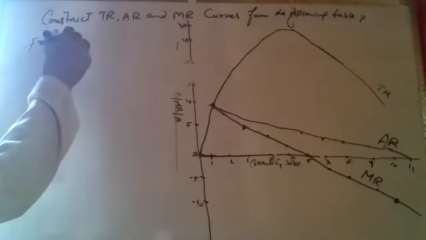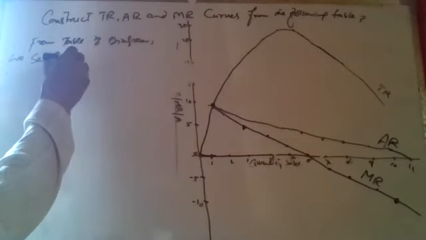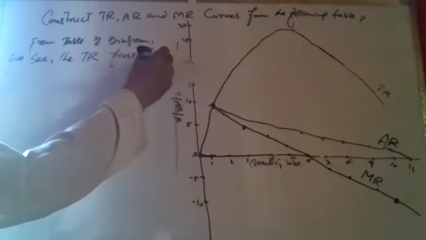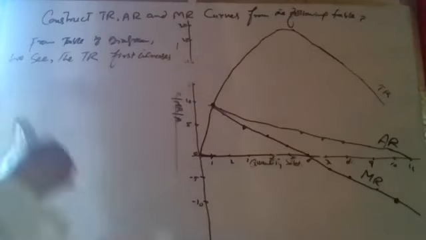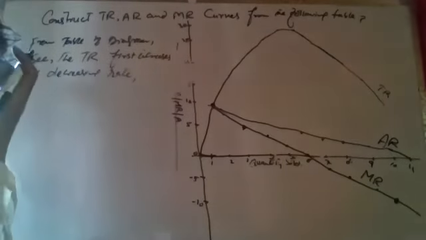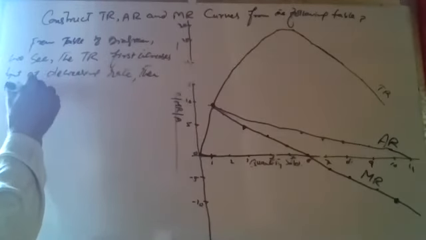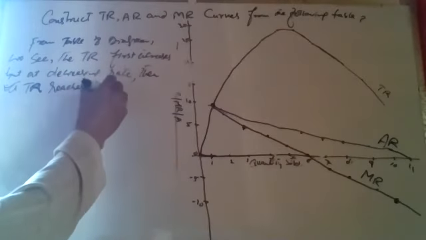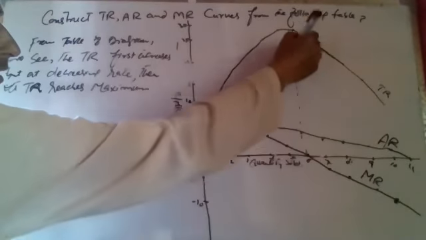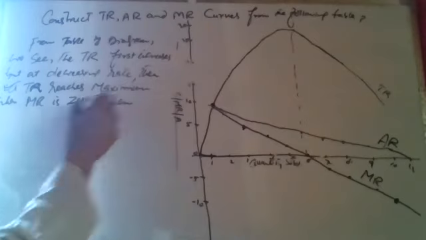From the table and diagram, we see the total revenue first increases, but at decreasing rate, then total revenue reaches maximum, that is at point 6, where marginal revenue is 0.